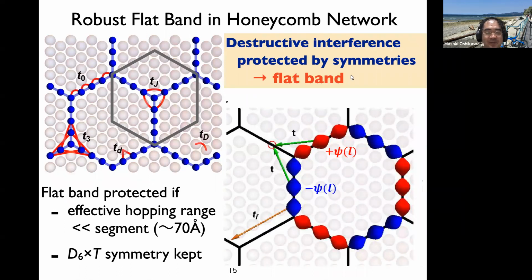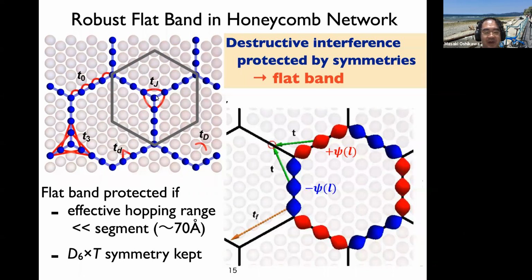The reason is simple. I just explained what the localized flat band state is in this honeycomb network model. That is a plane wave with the nodes matching the vertices of this hexagon. But now, let's say I introduce a second nearest neighbor hopping like this. Then the wave function of the standing wave state is non-zero at this site.